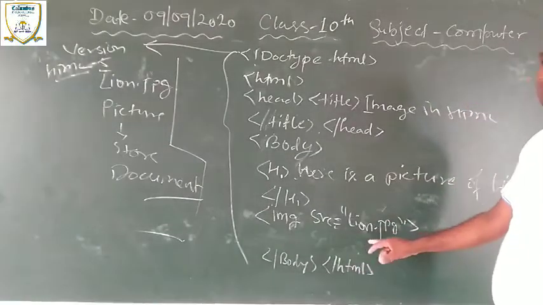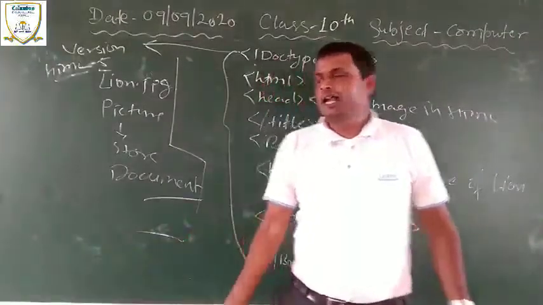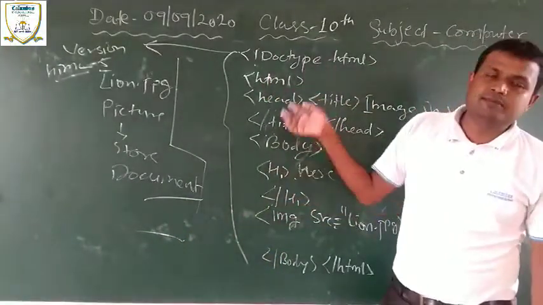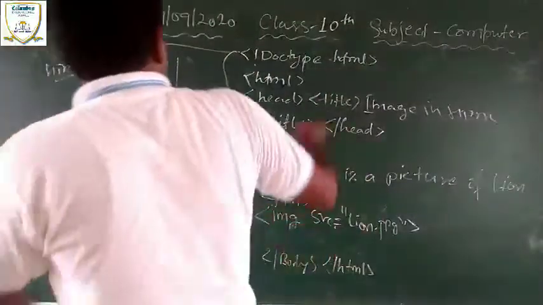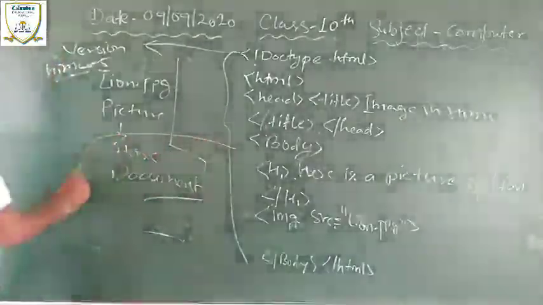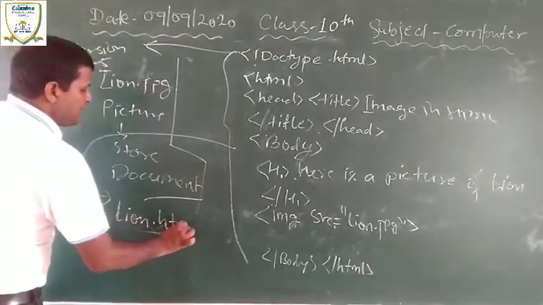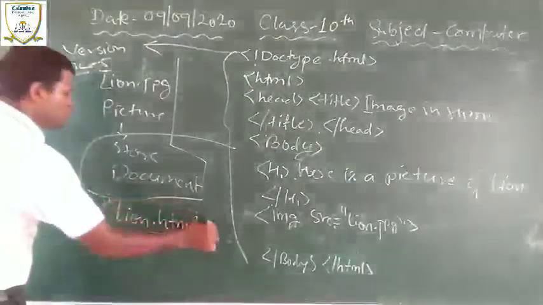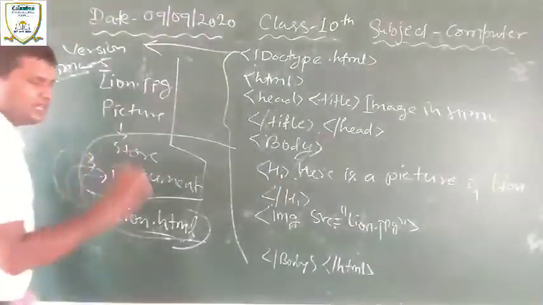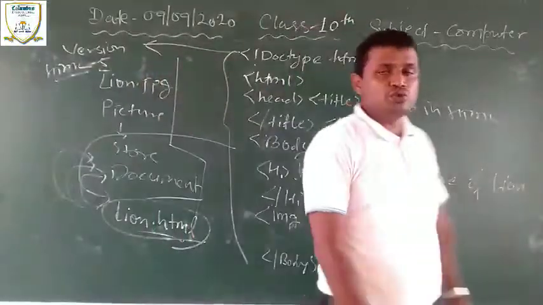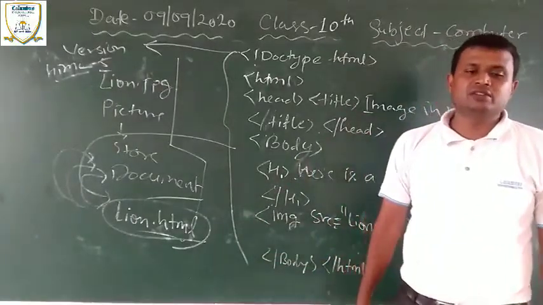It means that the lion picture is available in the document folder. When we make this HTML document, we have to save it by the name lion.html, and save that file in the document folder.